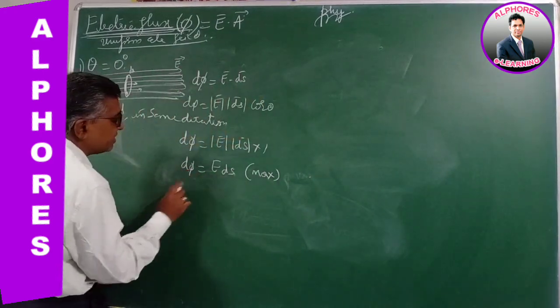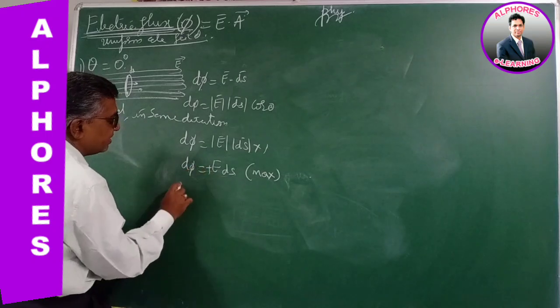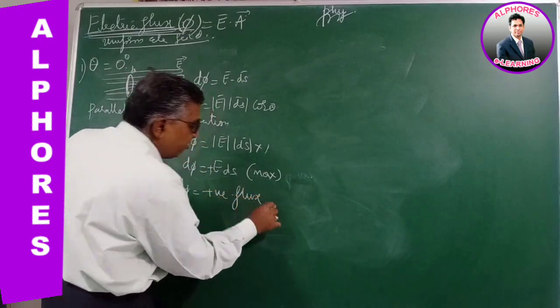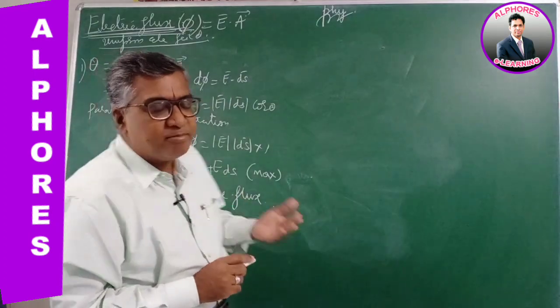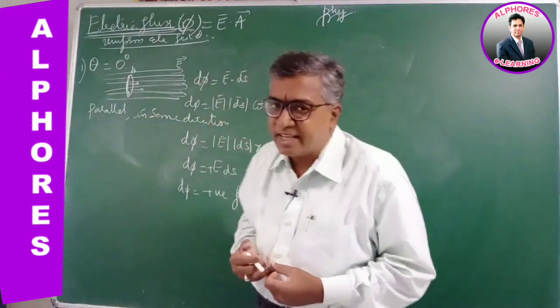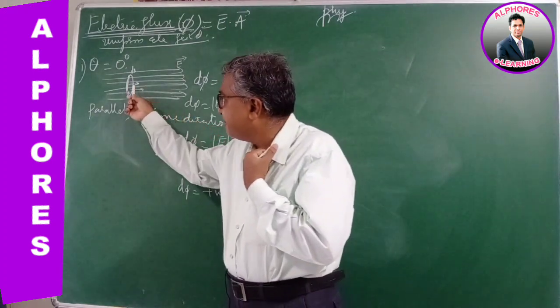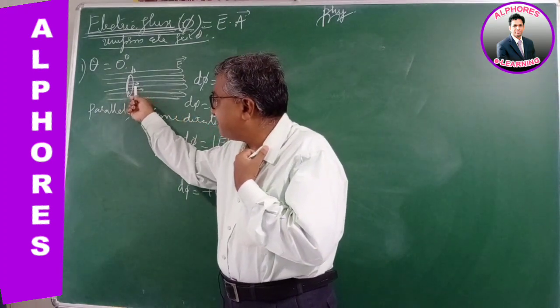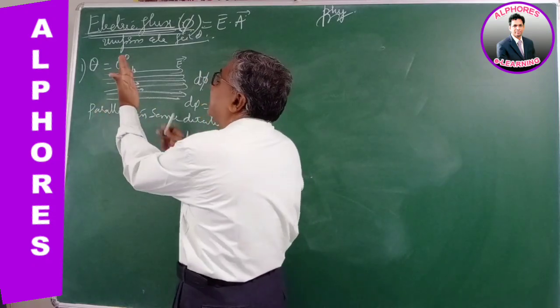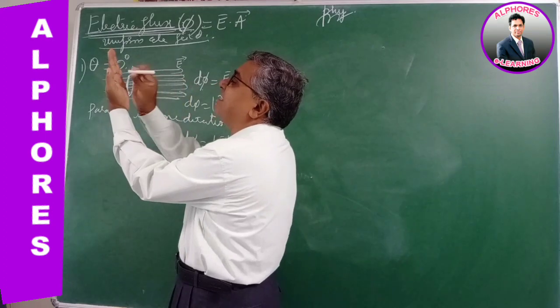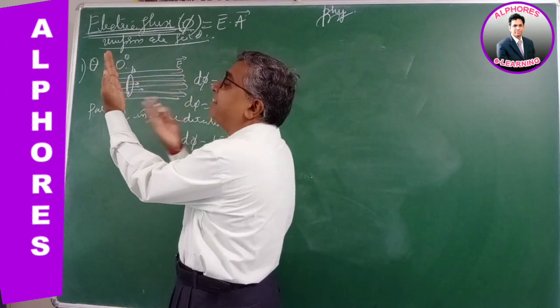Now this flux is taken as plus, and this flux is positive flux. What do you mean by positive flux? Mathematically I am denoting it as positive. But what I actually mean is that when I consider the area element, the electric field is emerging out of the area element. The electric lines of force are coming out of it.